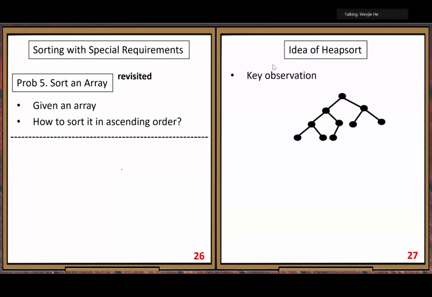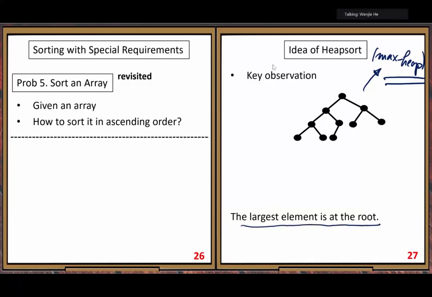All right. Here we imagine we have a max heap. So this is a max heap already, satisfying the property. Now you can see the largest element must be located at the root position, the maximum.